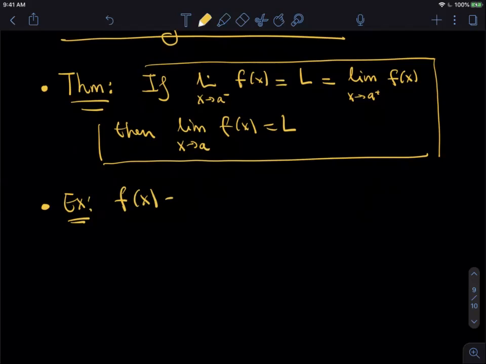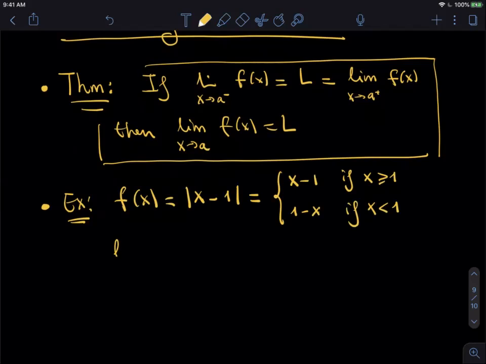So let's work with the function absolute value of x minus 1. Remember, this is x minus 1 if x is bigger or equal to 1, and 1 minus x if x is less than 1. So what is the limit of f of x as x tends to 1?